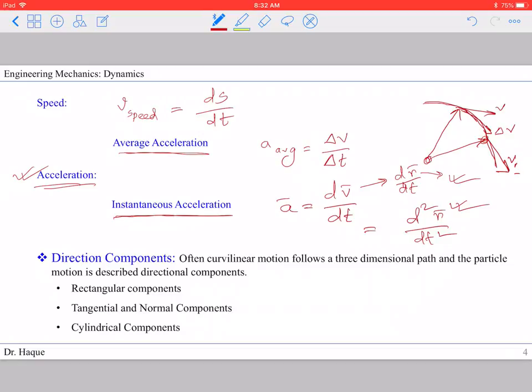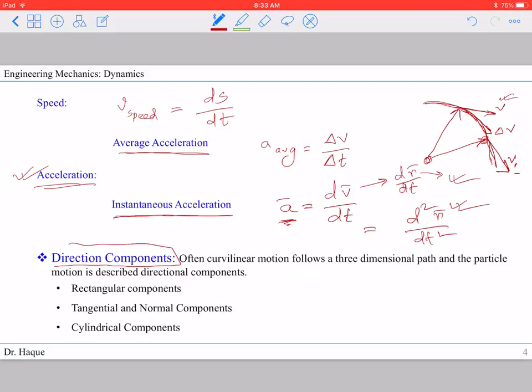So next we're gonna study direction components. So before that, one thing: we told you that the velocity is tangent to the path. So what would be the direction of acceleration? Acceleration is not tangent to the path of the particle.